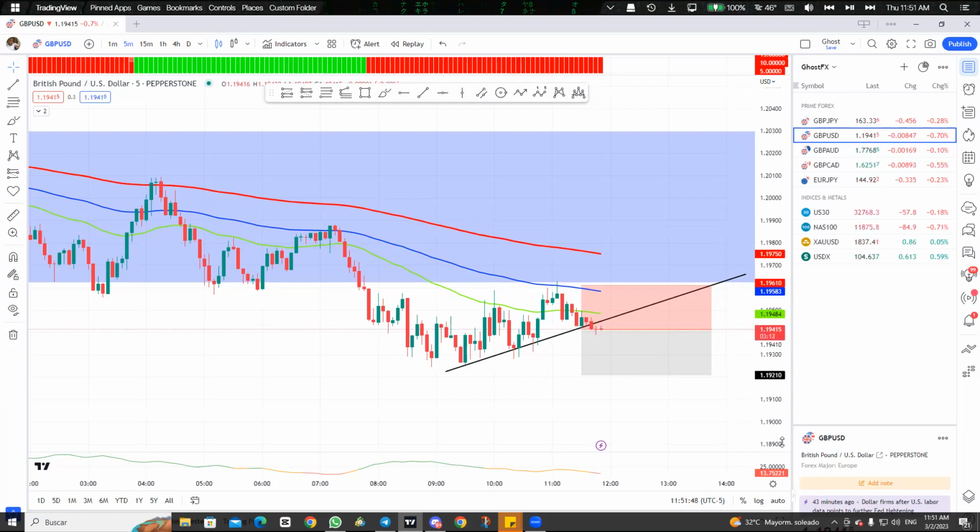I mean, there's not much difference from a scalp trade to a swing trade, because the concept is the same. What do I mean by that?